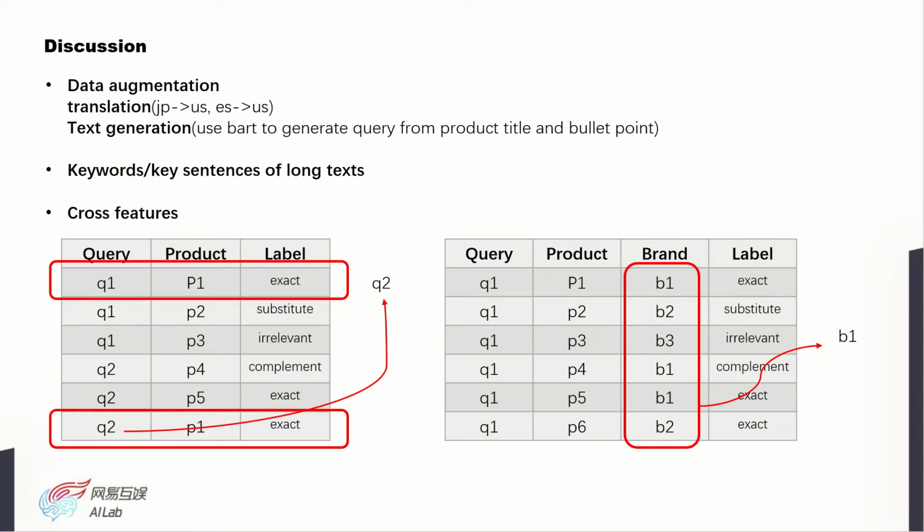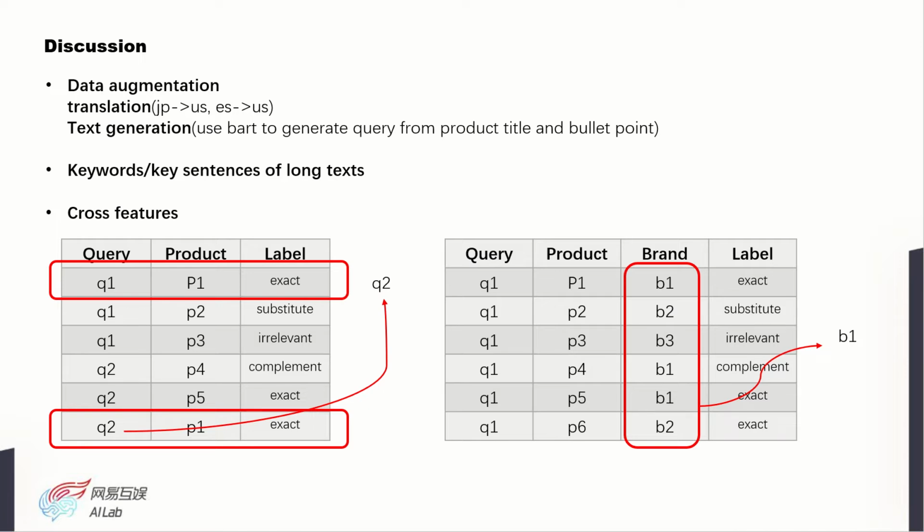Similarly, we can obtain associated queries for each product, and it should be noted that these queries must only be obtained from the training dataset to prevent label leakage. Through this method, we achieved more than 0.1% improvement on the local validation set, but not much improvement on the public leaderboard. In the end, we only used this feature in the submission of Task 2.